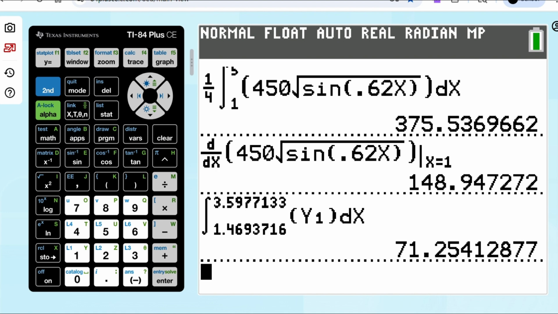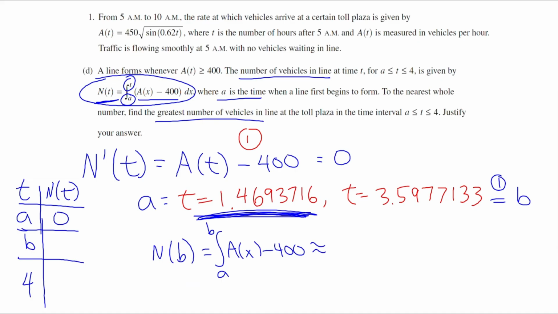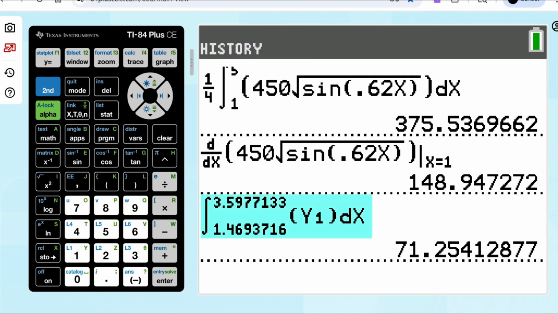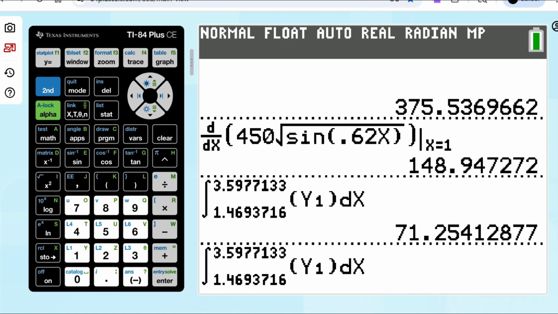And it gives us 71.254. I'm just going to round to 3 decimals now. So this is 71.254. And we'll do the same thing with 4. And, as long as we're confident that we've typed everything in correctly, we can just scroll back up on our calculator to the integral we just did and hit enter again. It'll populate the whole thing back down, and all we have to do is change our upper limit to a 4, right?